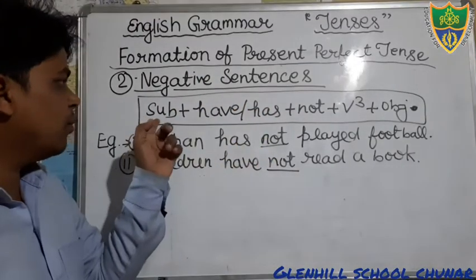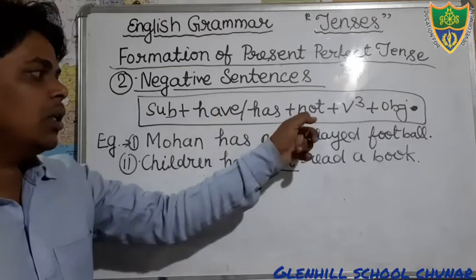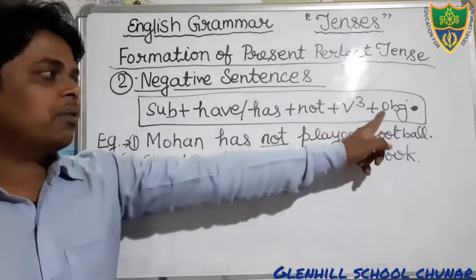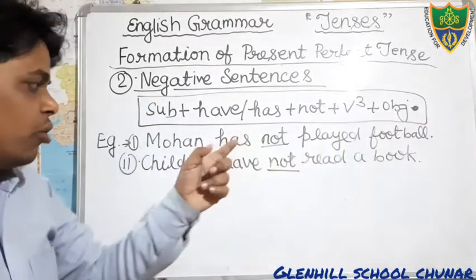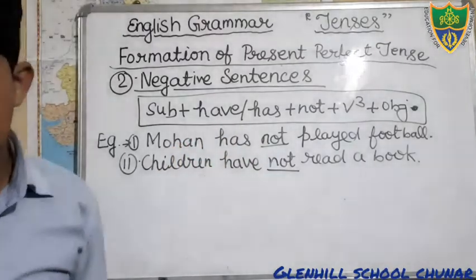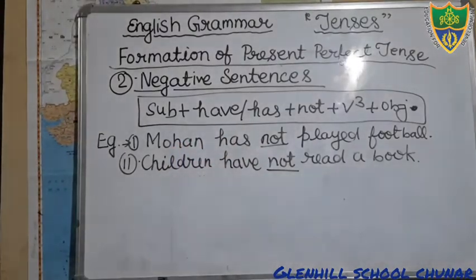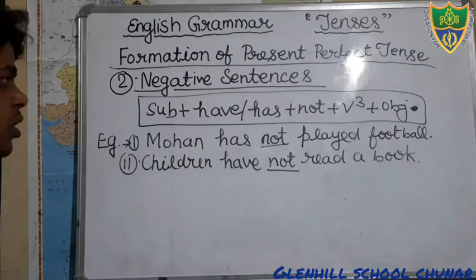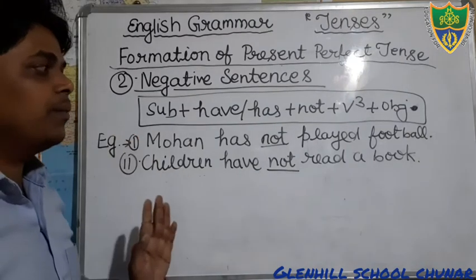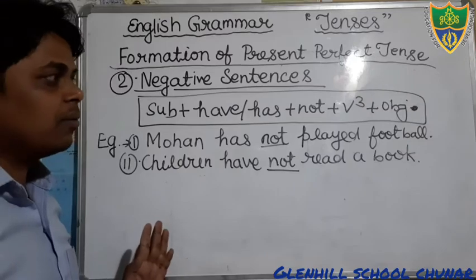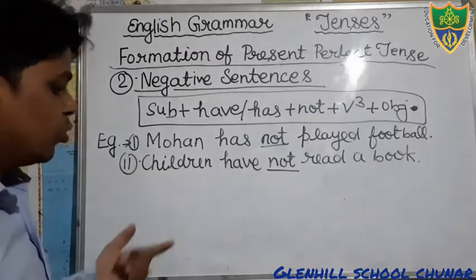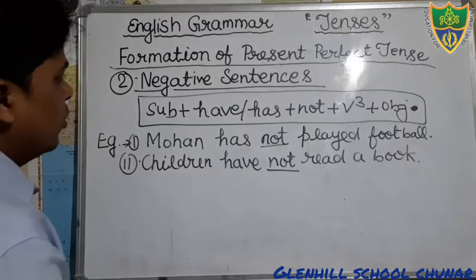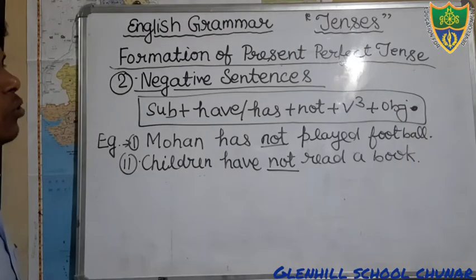So there will be subject, helping verb, negative word, then the third form of the verb, then the object. Keep in your mind and write this down in your notebook. Negative sentences: subject, helping verb, negative word, third form of the verb, and object. And these two sentences you will mention in your notebook. I hope that you all have understood.